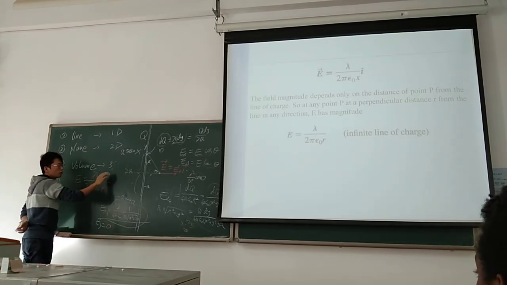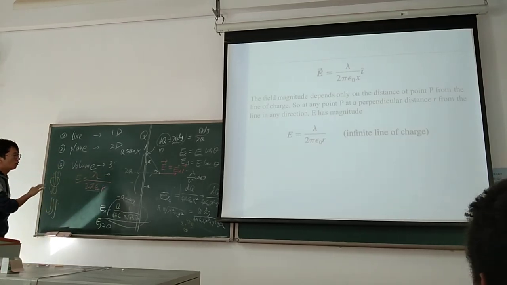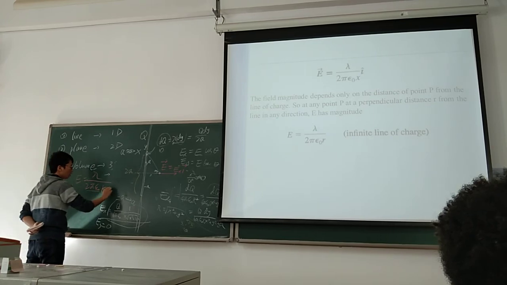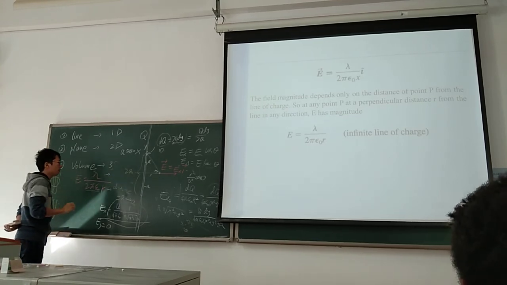Lambda, the charge density, 2 pi epsilon 0 are all constants, and the r is the distance of the point away from the line.